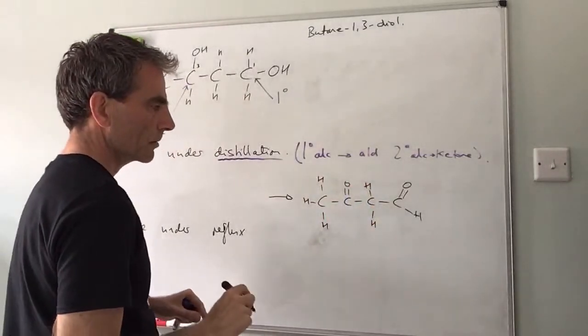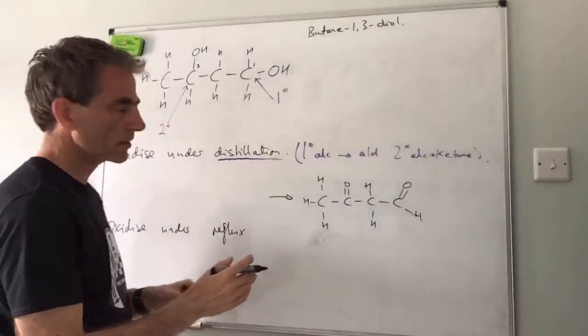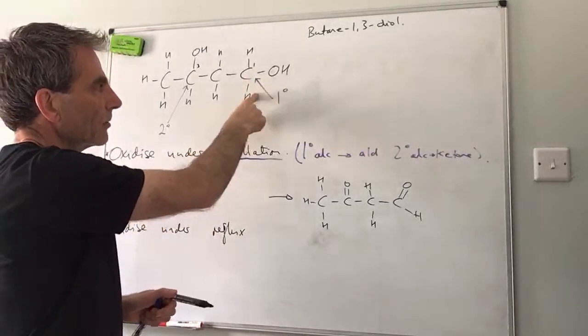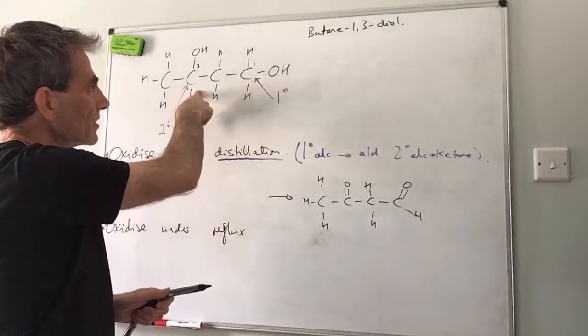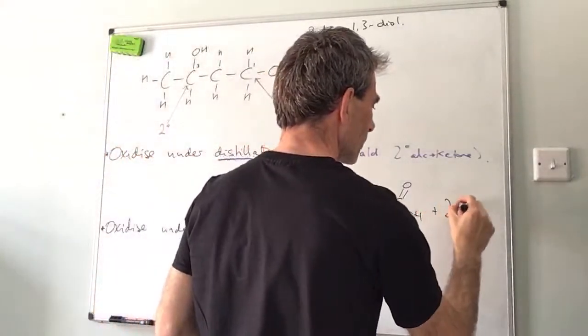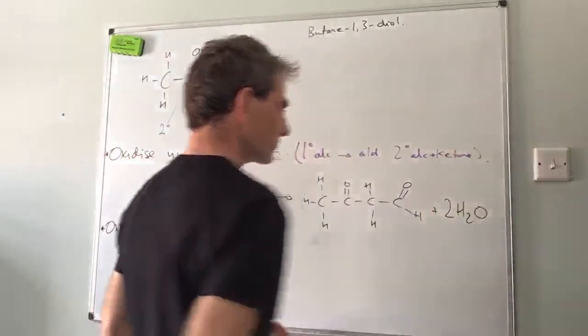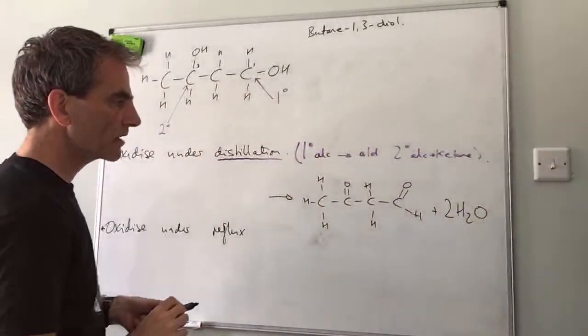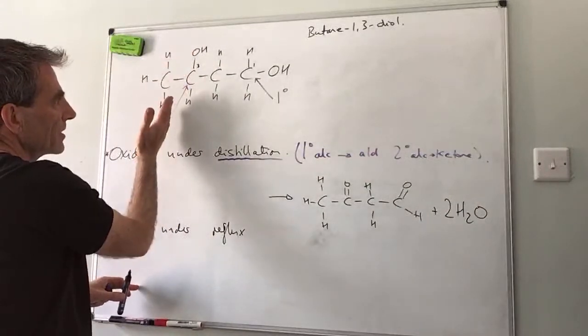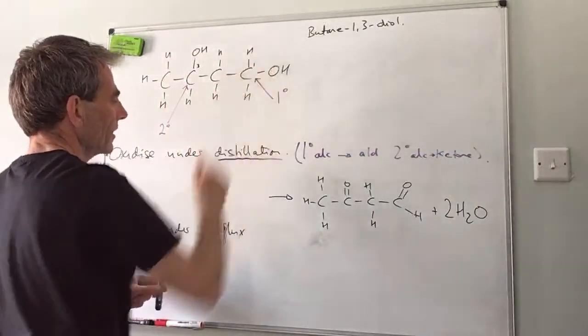Okay, how many waters are going to form? Well, when that gets oxidized to an aldehyde, you get a water molecule. When that gets oxidized to a ketone, you get a water molecule. So we're going to get 2 water molecules. How many oxidizing agents do we need? Well, one oxidation's taking place there, one's taking place there.